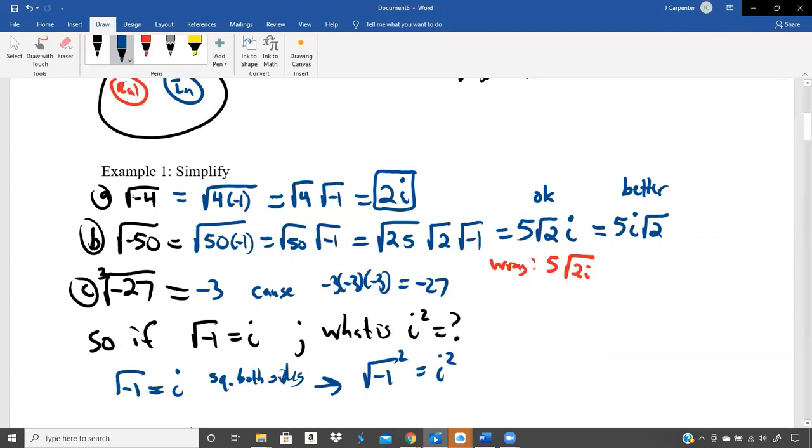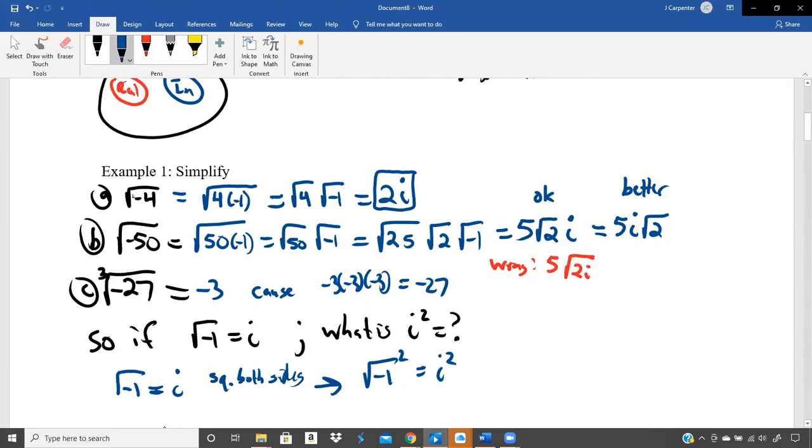The reason I squared both sides is because I now see an i squared. Steps like this feel like, why am I doing this? How did I know to do this? Because we've been doing this for hundreds of years. The challenge is learning how to figure out these things on your own if you're a scientist or mathematician. You have to try a million things before you get the right process that actually works.